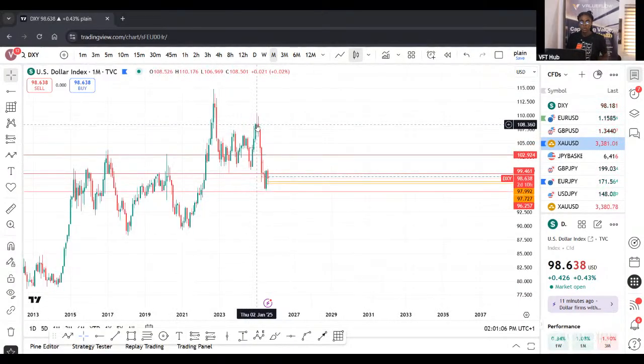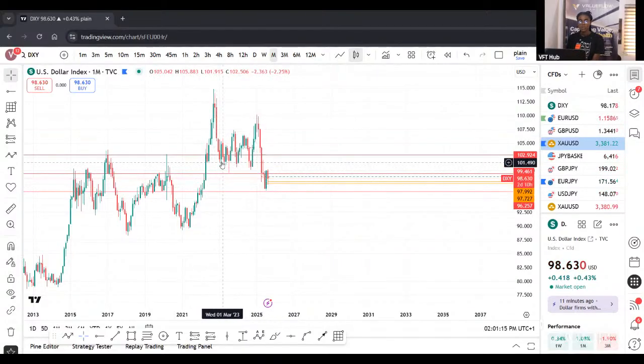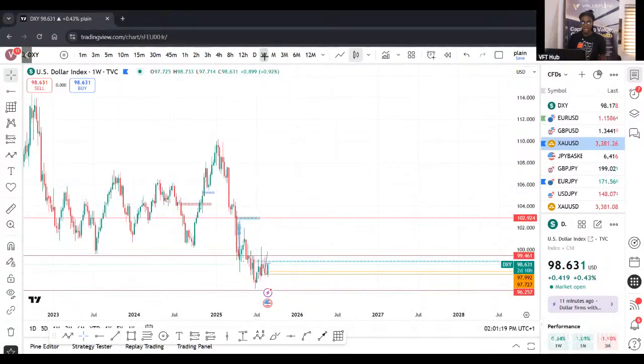So on the monthly time frame for DXY, overall we're seeing a bullish direction, but we've seen a sweep of the liquidity right here and more push to the downside. On the weekly time frame, we saw price clearing out below support at 100.448, and we're seeing more downward movement.